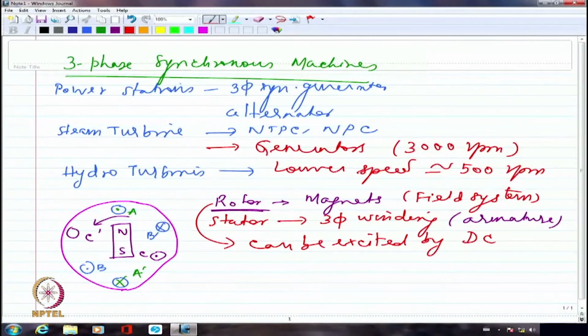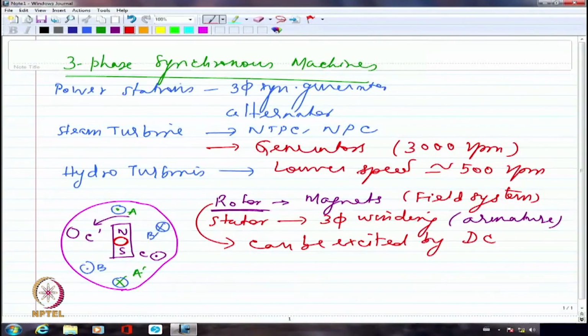The only thing is I have to arrange to physically rotate it at a particular speed, maybe 3000 RPM, whatever is the speed according to which I am going to get the frequency. So here is the shaft. The shaft is going to rotate the magnet at the speed dictated by the prime mover.